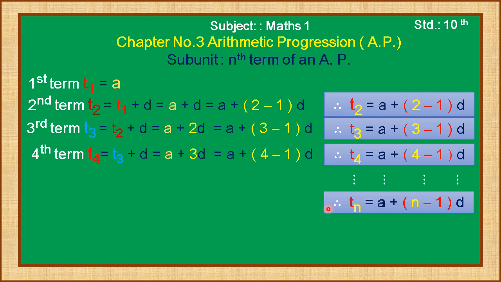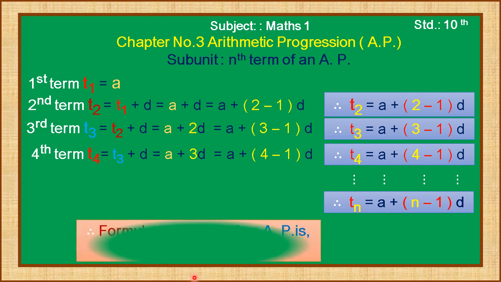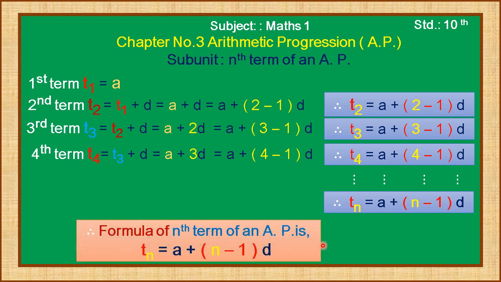You will get the formula Tn is equal to A plus (n minus 1) into D. In each term, for 2, 3, 4 you can take n, and so we will get the required formula for the nth term of an AP: Tn is equal to A plus (n minus 1) into D.